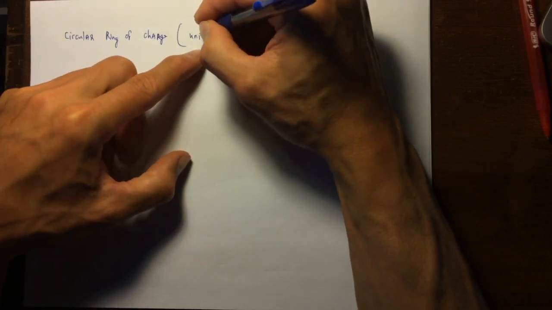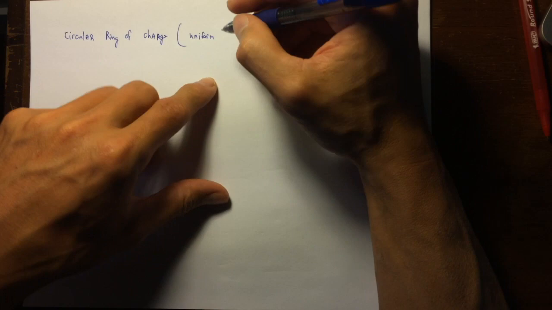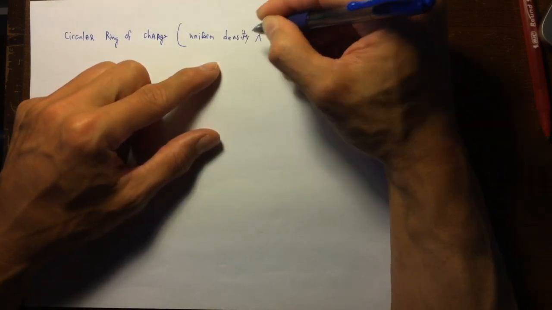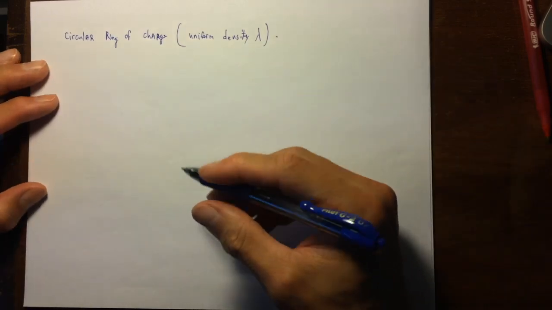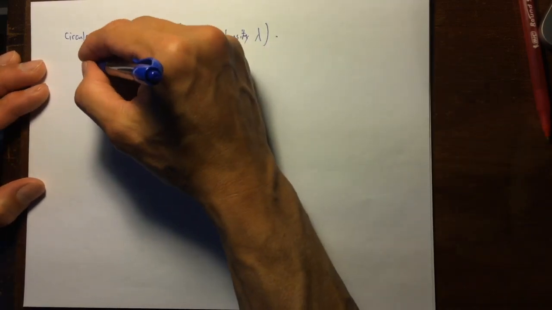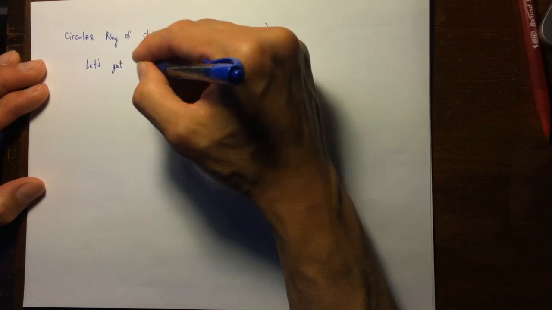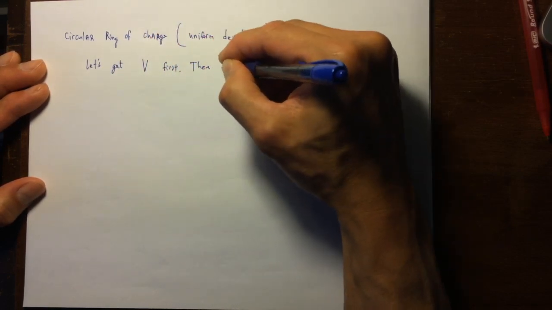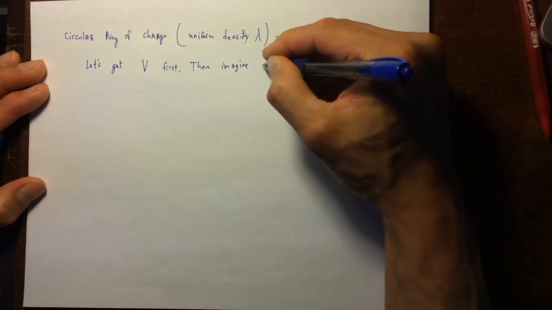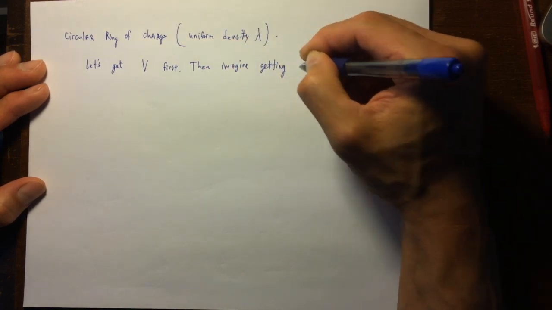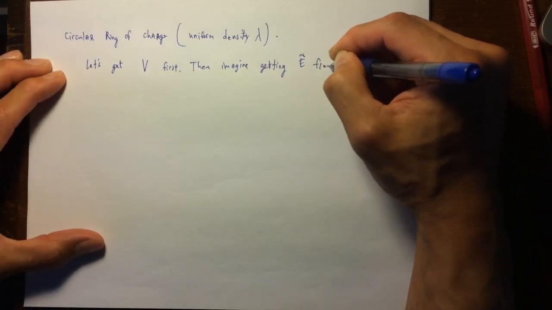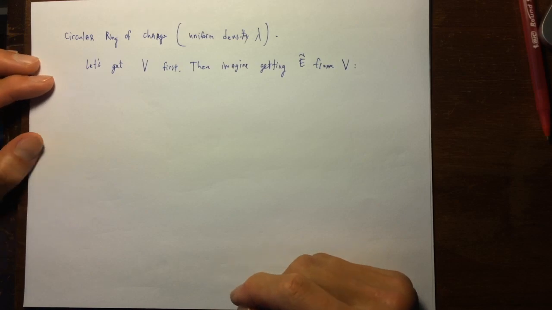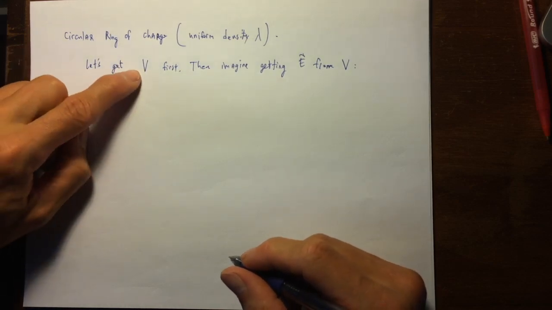So we'll say it's a uniform linear charge density lambda. Okay, so what we're going to do is let's get V first, then imagine getting E from V. So let's get V first.